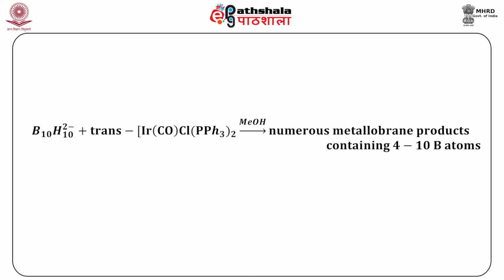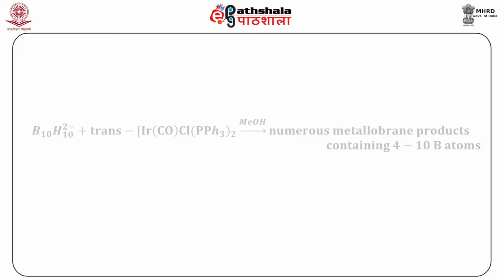Similarly, in the second reaction, you can see we started with B10H10 and reacted it with a trans-iridium complex to give you numerous metalloborane products containing 4 to 8 boron atoms.